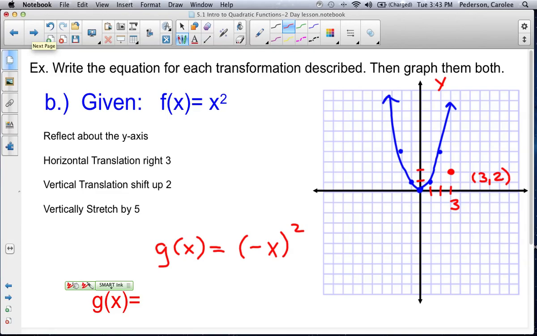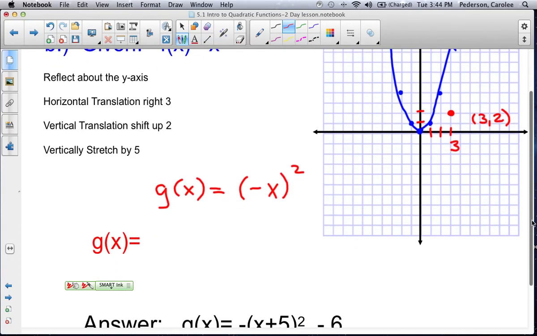When you do a horizontal translation to the right, that goes inside of the function, and we said we have to think opposite. So now the equation, if we erase this, it's going to be a minus 3 all squared.